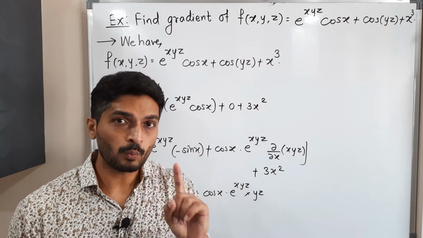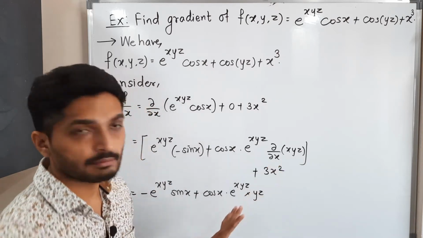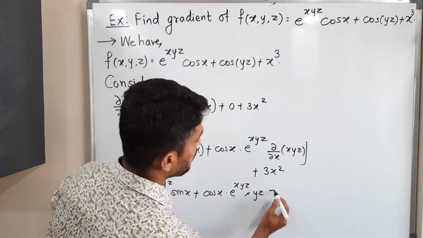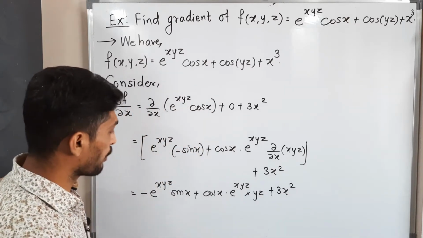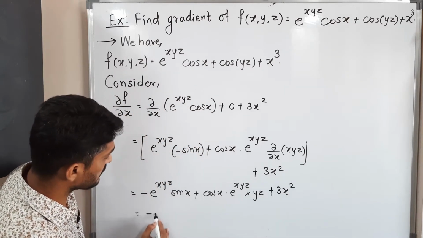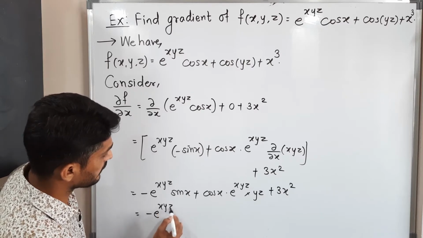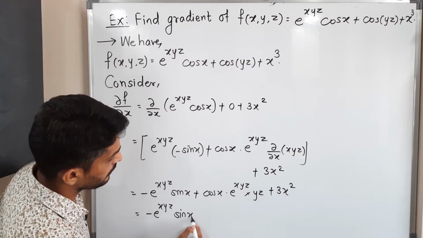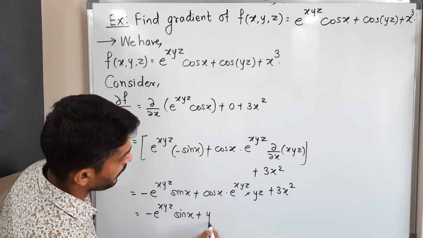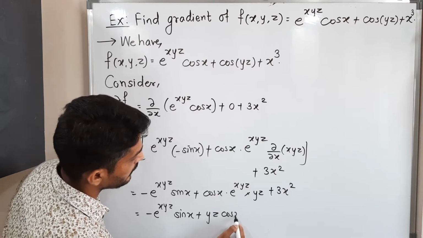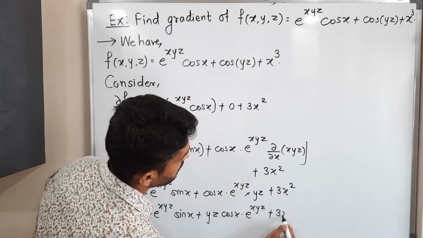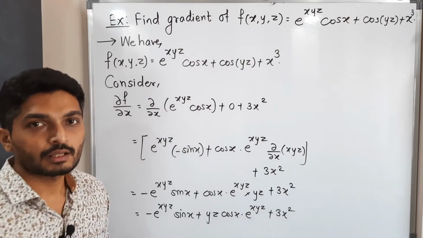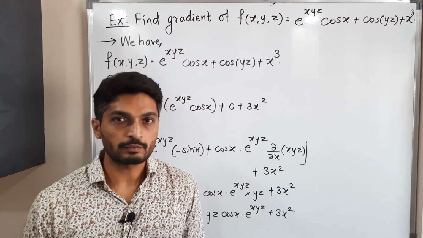The derivative of x is 1, so 1 into yz we will have yz, plus 3x square. Let me write all these things properly. This is equal to minus e raised to xyz sin x plus yz cos x into e raised to xyz plus 3x square. In this way we calculated the derivative of f with respect to x.